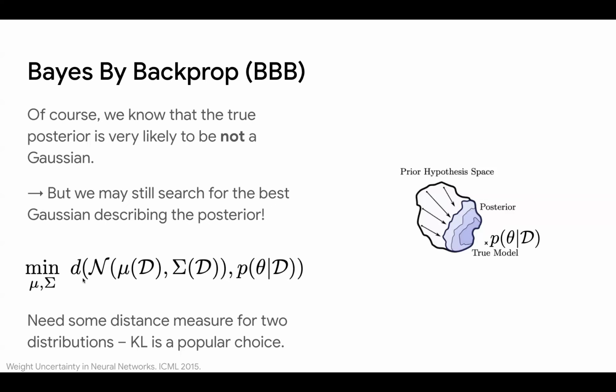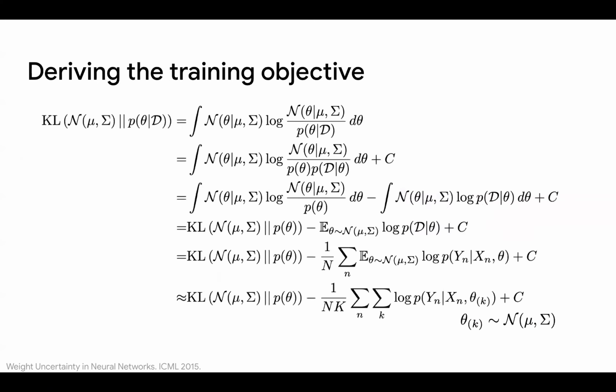So for measuring the distance between two distributions, KL divergence is the popular choice. So we do that here. And the formulation looks like this, but I'll go through each line one by one. So we are interested in minimizing this term on the left.